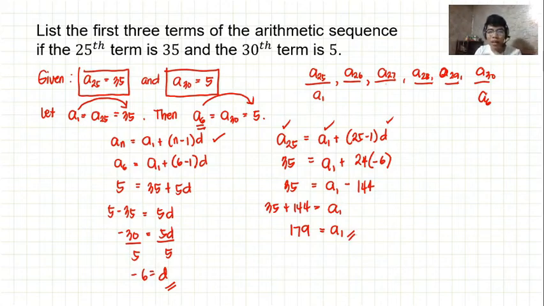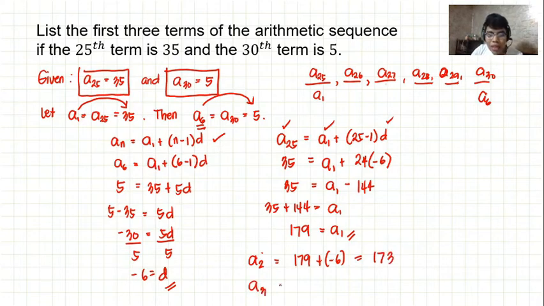So what are the first three terms? So how will we get the value of the second term? We will just add negative 6 to 179. Therefore, a sub 2 is just equal to 179 plus negative 6, that is 173.